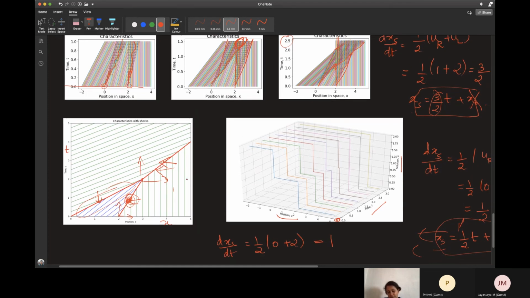And now through shock wave solutions, we found the speed of these two shocks, right? So we'll know with what speed these two shocks, these two discontinuities move. So we'll be able to evaluate the position of these two at next time steps.